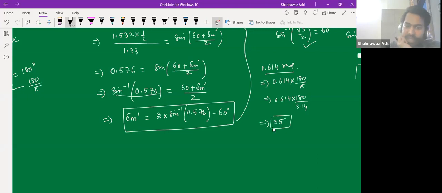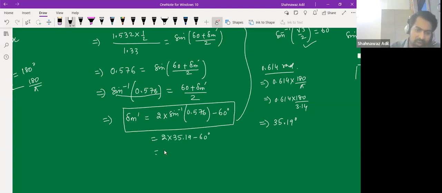Then you multiply this with the 2. So this is 35.19 degree.